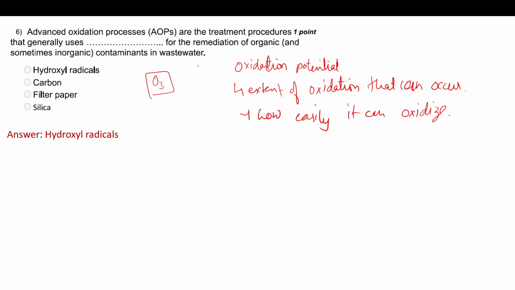If you compare the oxidation potential of hydroxyl radical with any other oxidizing agent, the extent of oxidation that hydroxyl radicals can provide is the highest compared to others. So that is why we have chosen hydroxyl radical.